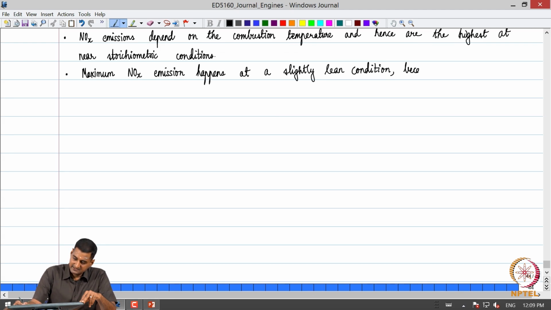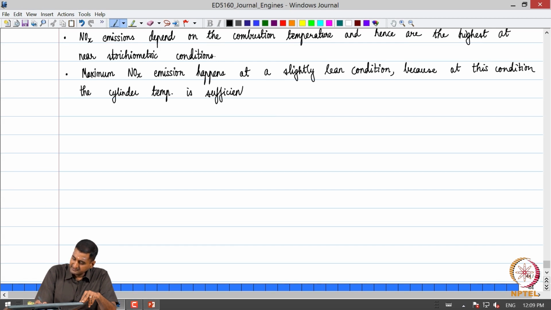because at this condition the cylinder temperature is sufficiently high and there is enough excess oxygen also.